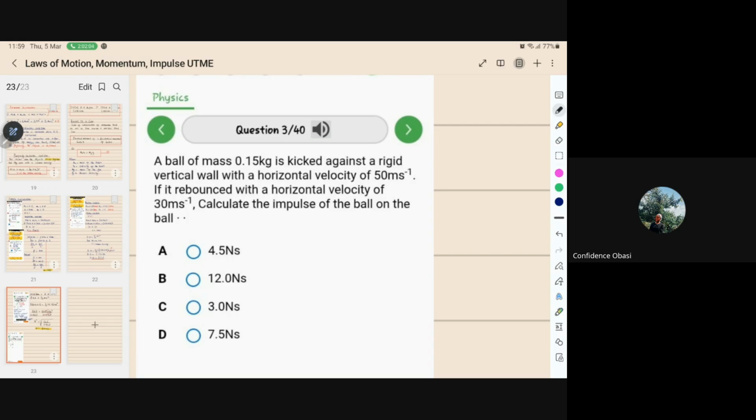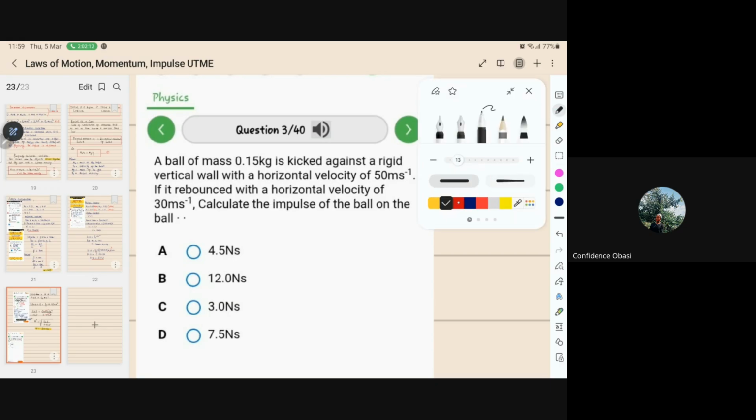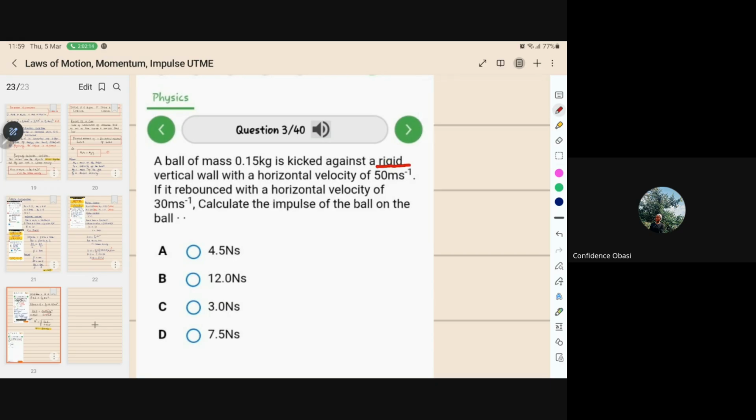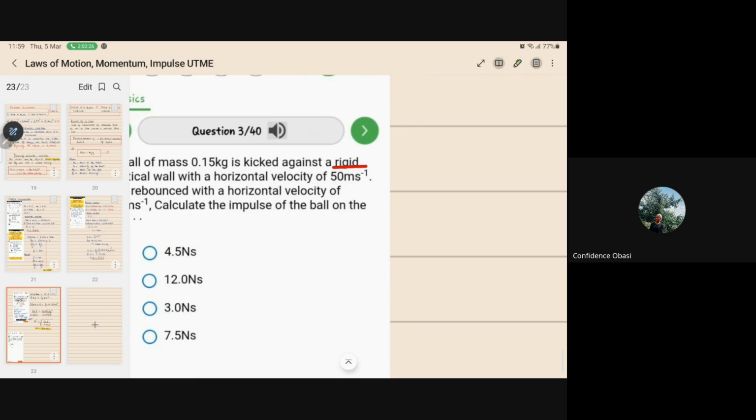They said it is rigid, so because of that, the wall is not moving. Initial velocity of the wall is 0, final velocity of the wall is 0. That's established.